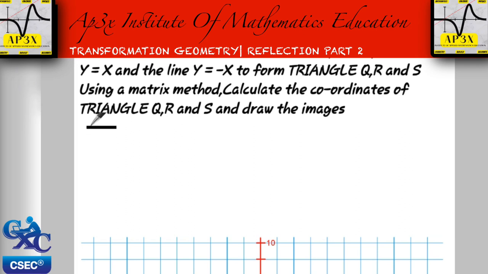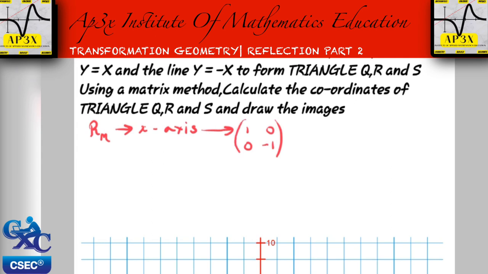All right, presuming that you already know this information, the reflection matrix for the x-axis is that the x value will remain the same and the y is going to change. So it's going to be [1 0; 0 -1].